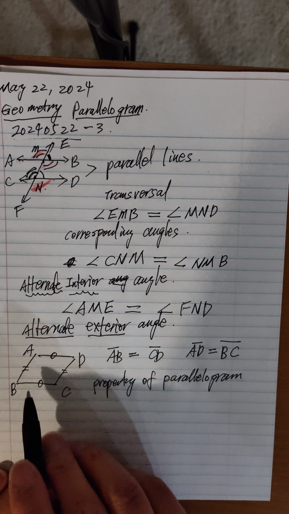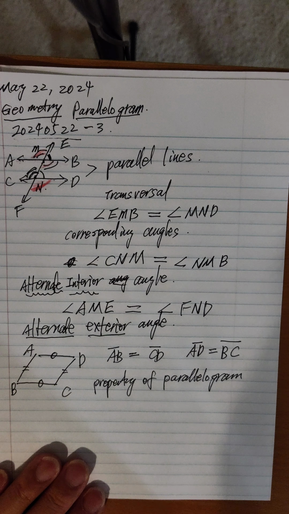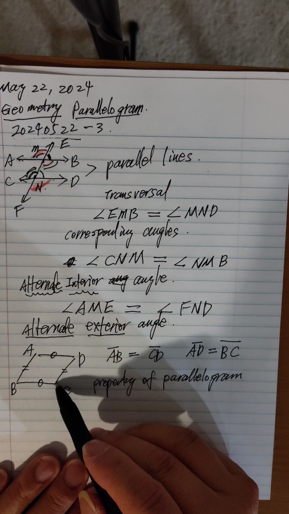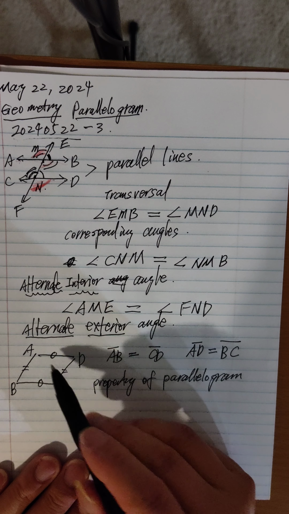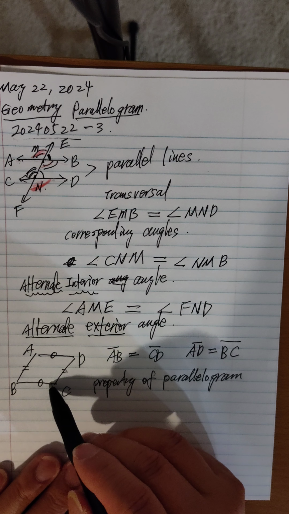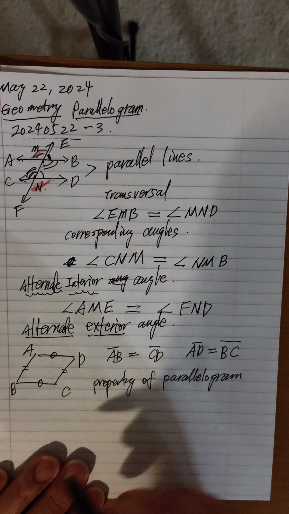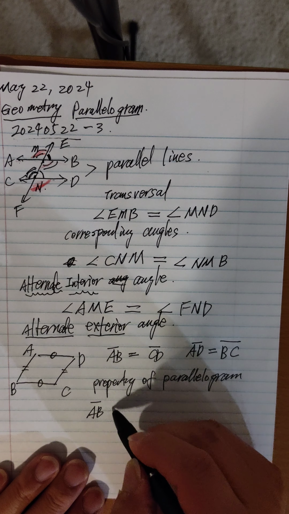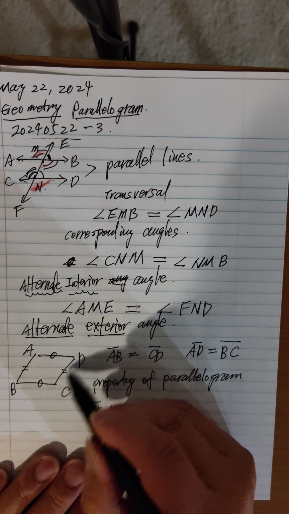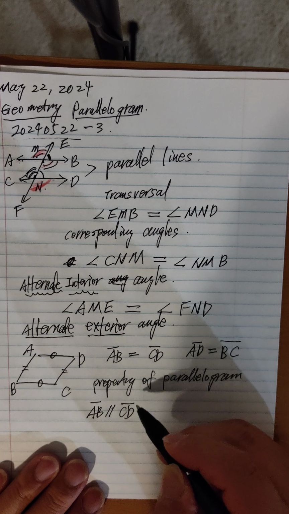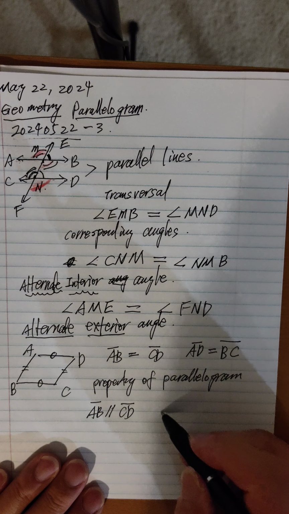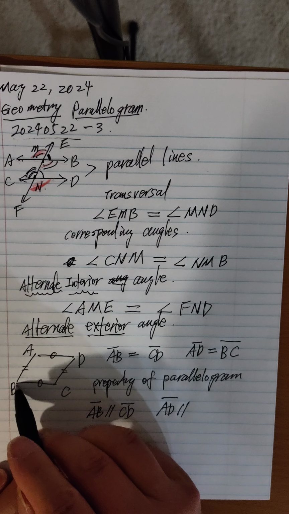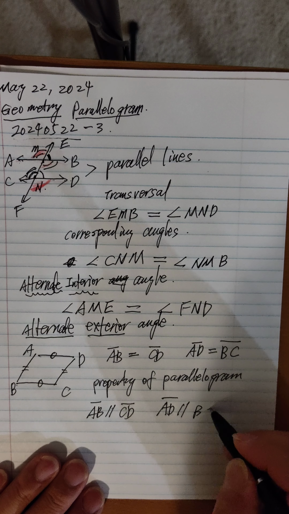So if I tell you ABCD is a parallelogram, you know those two line segments are equal and those two line segments are equal. Not only that, the line segment AB is going to be parallel with line segment CD. Similarly, the line segment AD is going to be parallel with line segment BC.